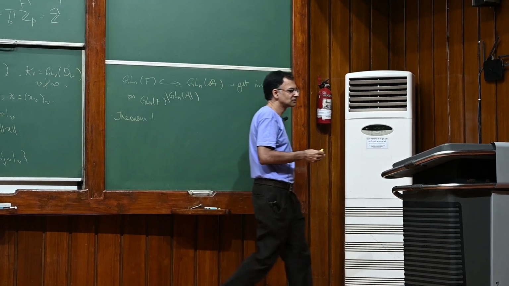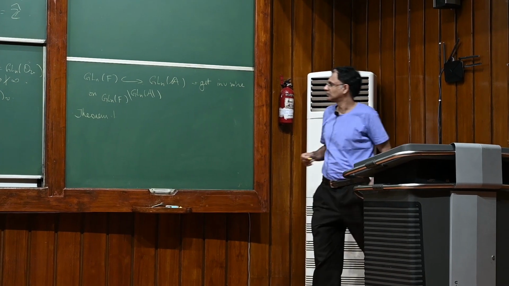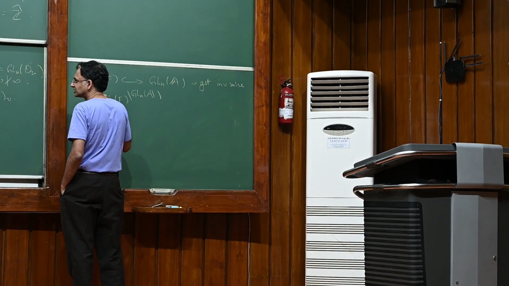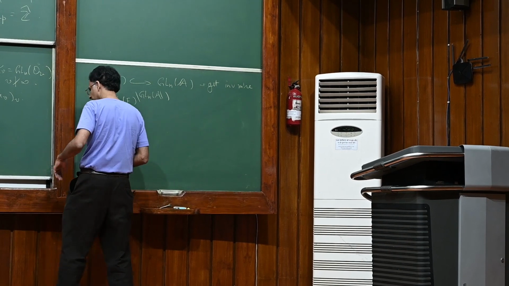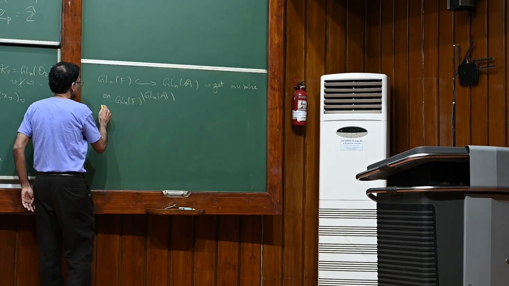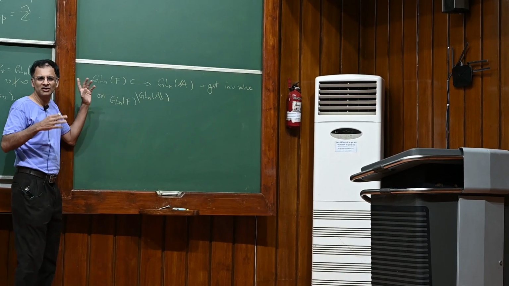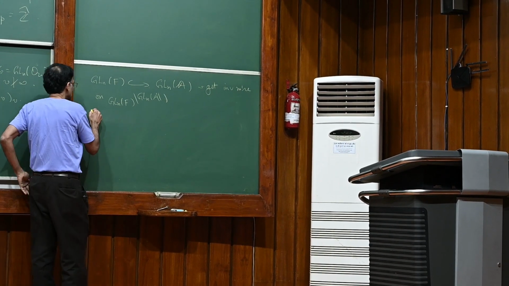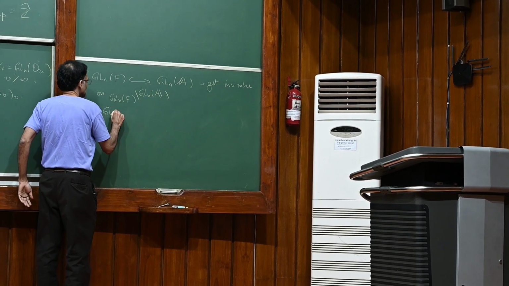So I need some more notation, which I should fix before that. So let's put some notation in. I want to stop writing GL_N because N is always fixed, I'm just going to call it G. So G is equal to GL_N. Okay.